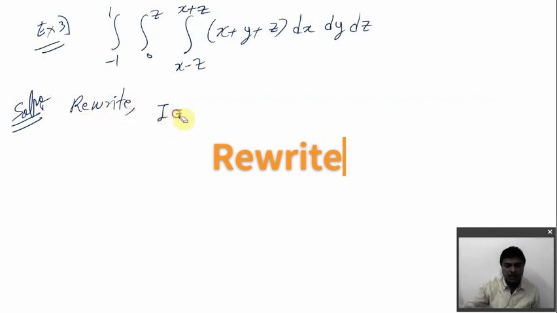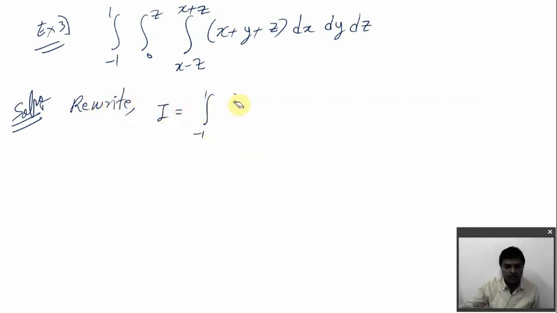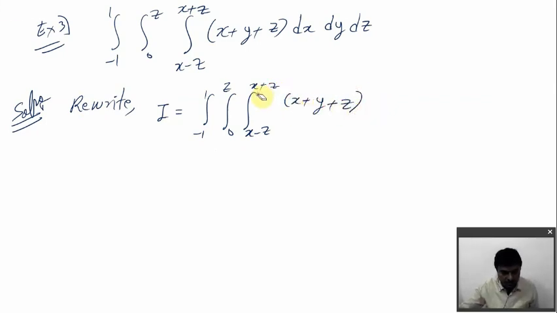Okay, so I will take integral I is equal to -1 to 1, integration 0 to z, integration x minus z, x plus z, x plus y plus z. Now when you are going to integrate, please remember in this first integration x plus z, what is missing? Can you tell me? There are only three variables, function of three variables x, y, z. If x, z is there, what is missing? Y is missing.